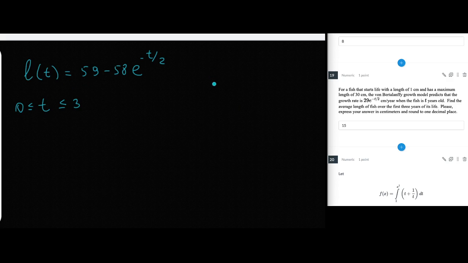Let's recall how we find the average value of a function on some interval. So let's say we have a function f of x. Let's say x ranges on the interval from a to b.